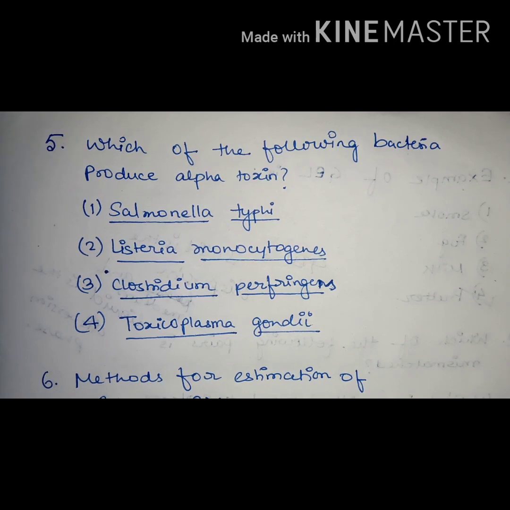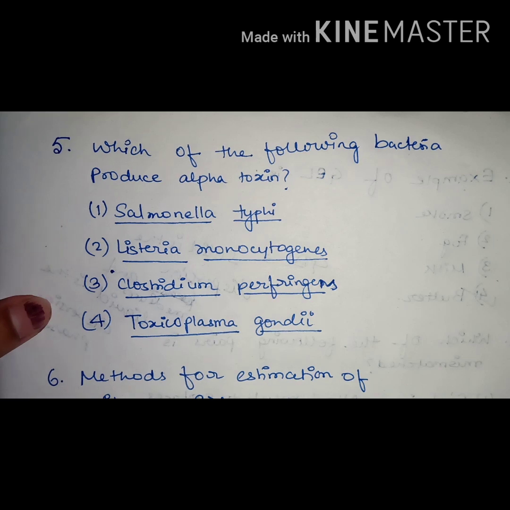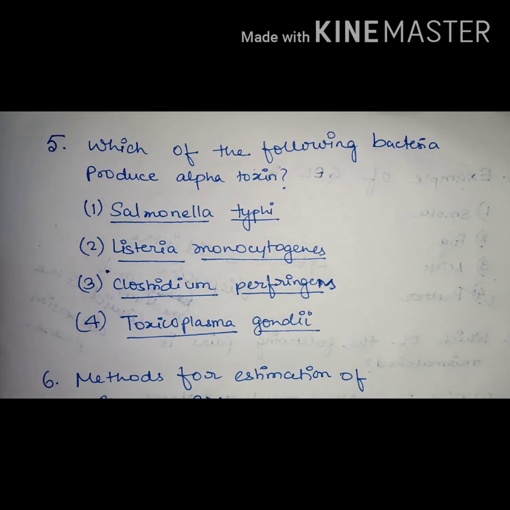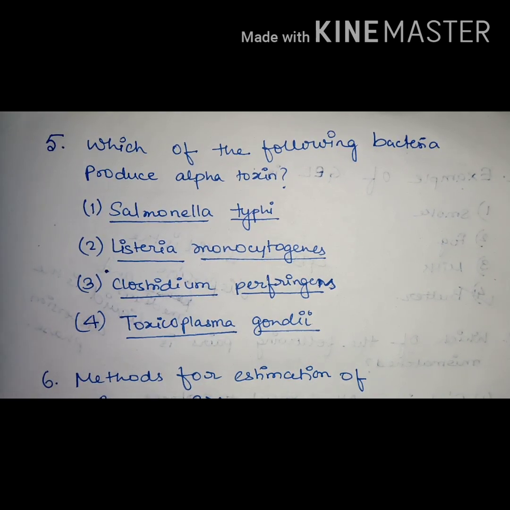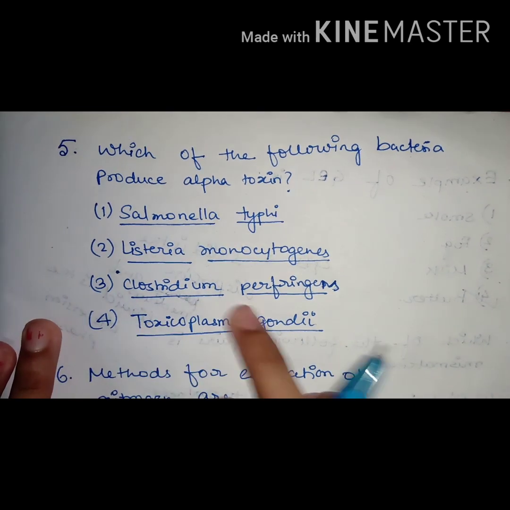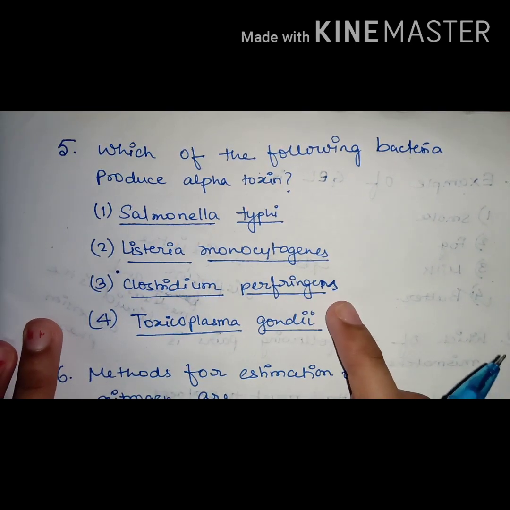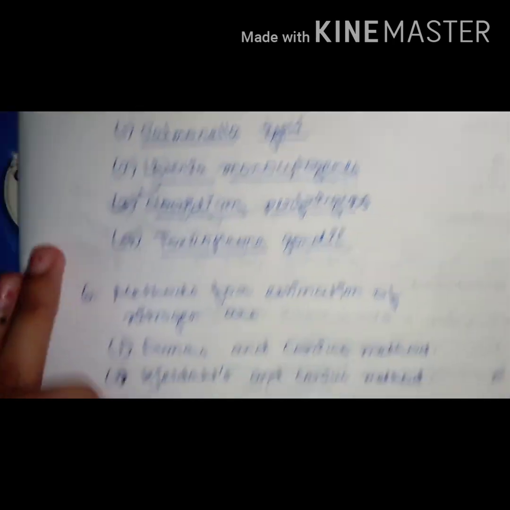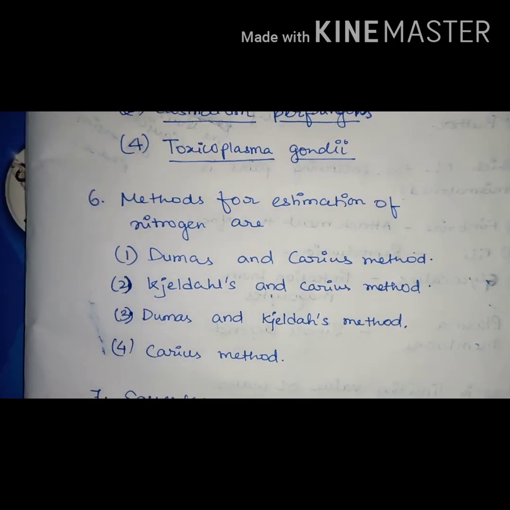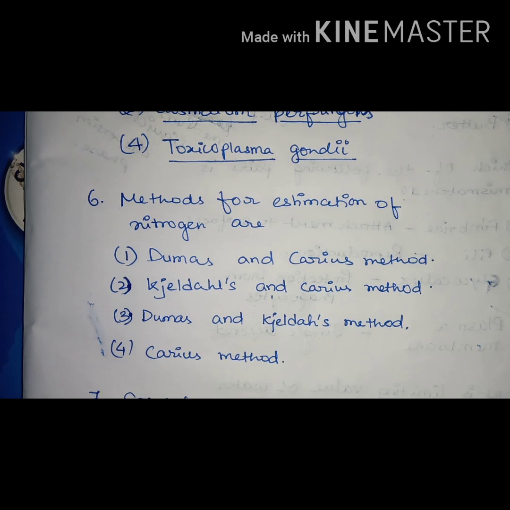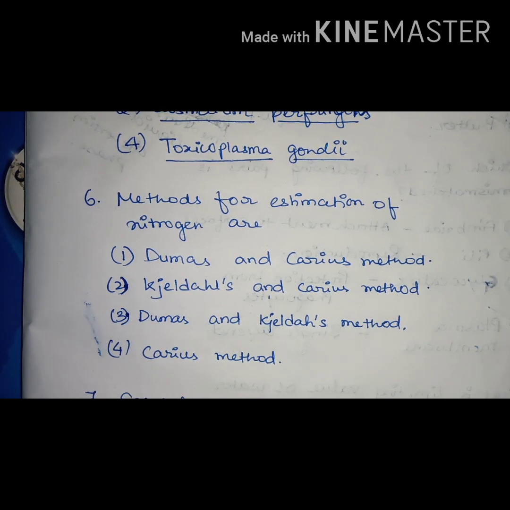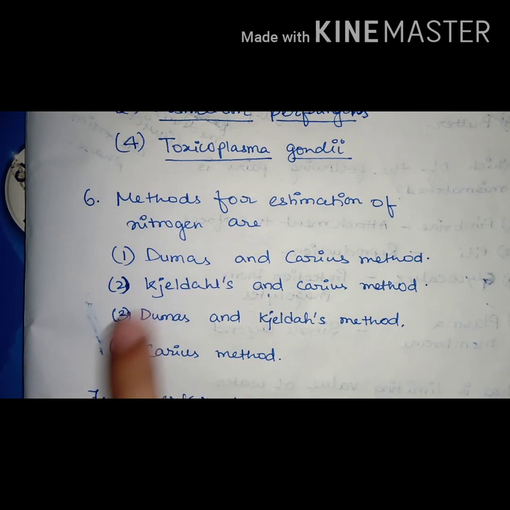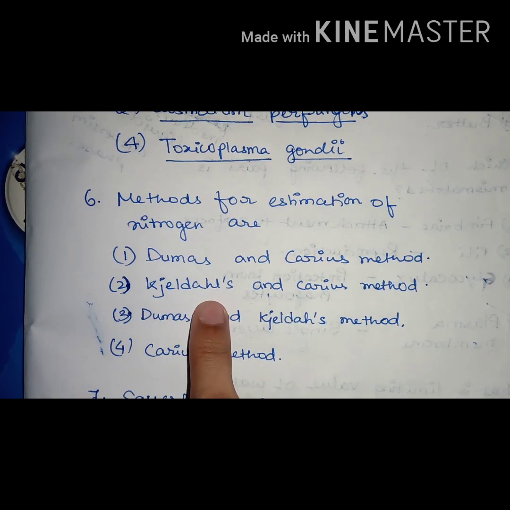Question number 5. Which of the following bacteria produce aflatoxin? The answer is Clostridium perfringens. Next question. Methods for estimation of nitrogen are. As we all know, the very common method that is used is the Kjeldahl method.